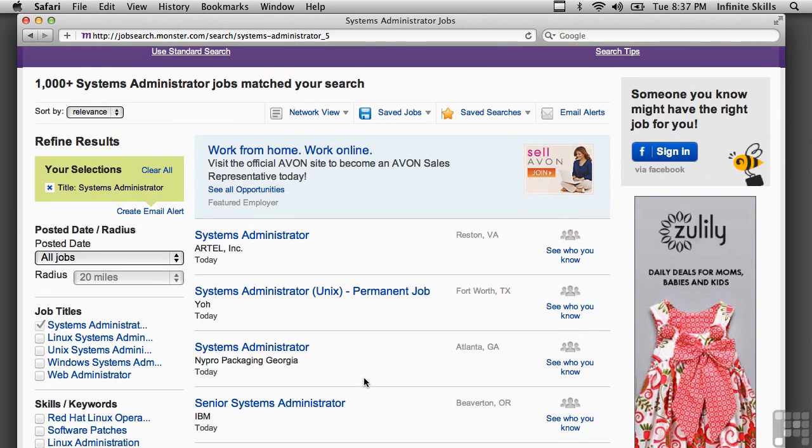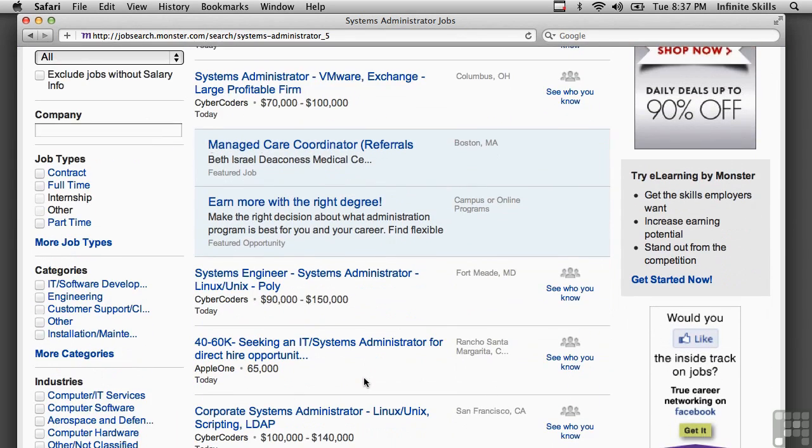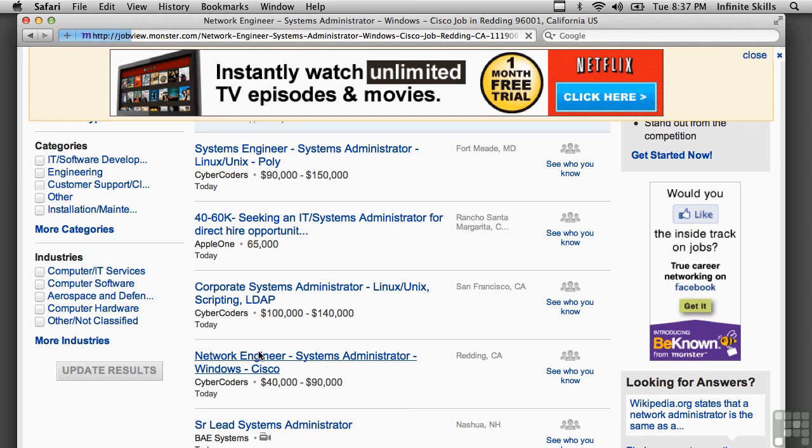And if I look down through the listings, I can see some information about the types of systems that different companies are working with. So here's an example here. I happen to know that CyberCoders is a headhunter, so it's unlikely we'll find the company name here, but we can pop this open.